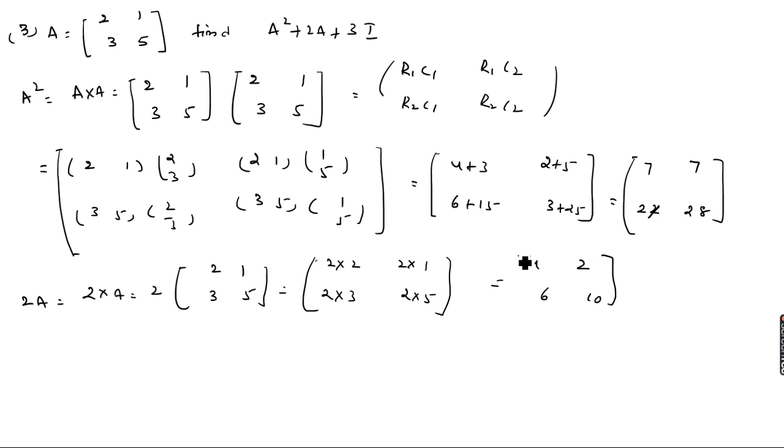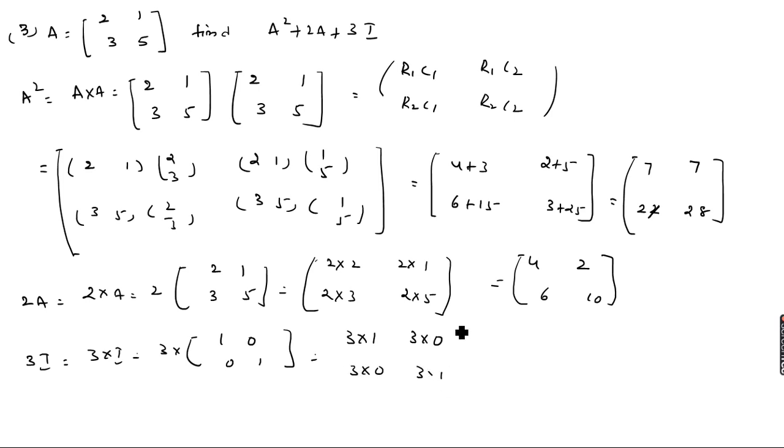And next we write 3I, nothing but 3 into the identity matrix 1 0 0 1, that is 3 into 1, 3 into 0, 3 into 0, 3 into 1. So we get 3, 0, 0, 3.